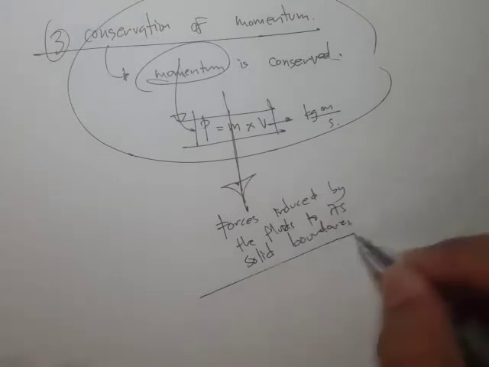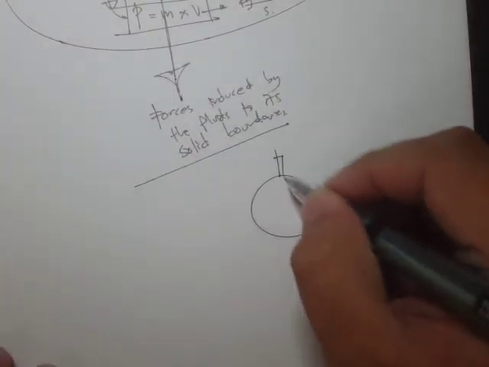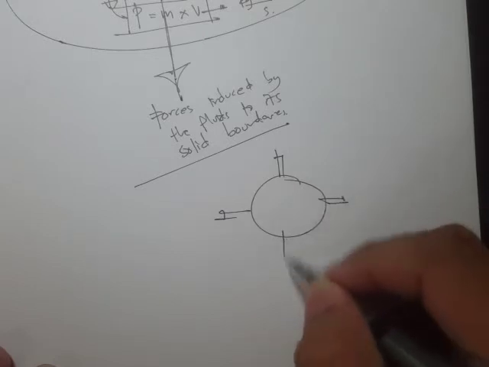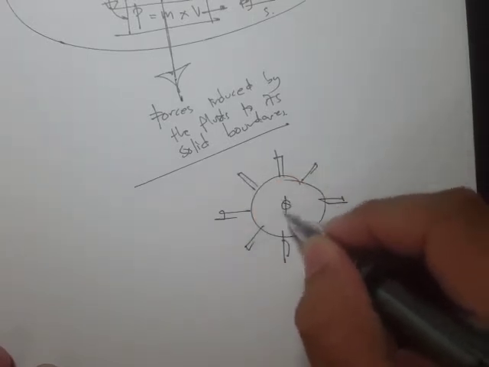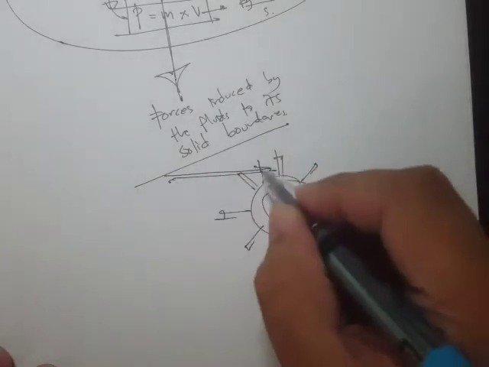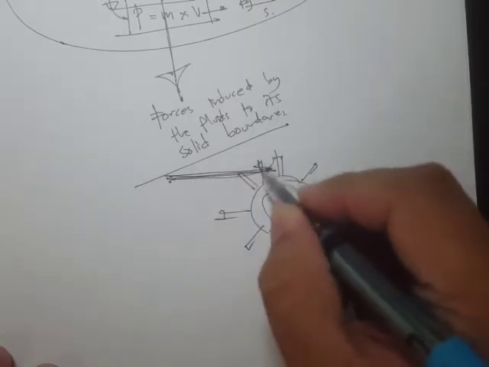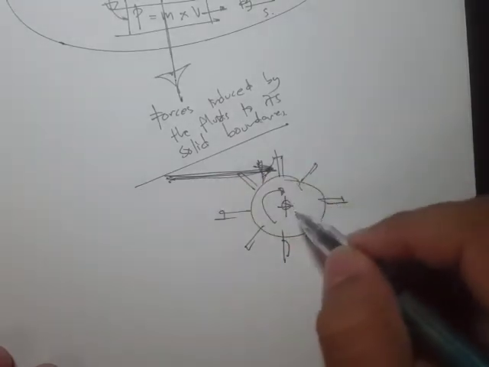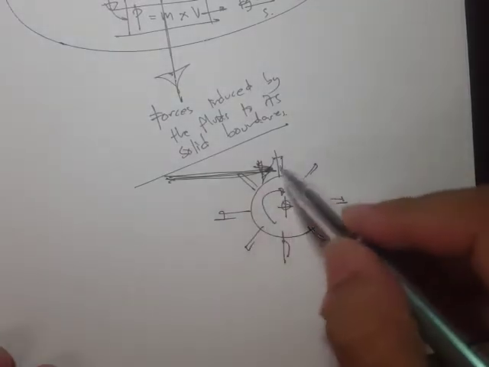For example, the impeller of the turbines, or the vanes. Let's say we have this rotating wheel or impeller, and we have the vanes right here, and we induce fluid flow, right? Because of the fluid flow, this one can rotate, and that actually induces forces.